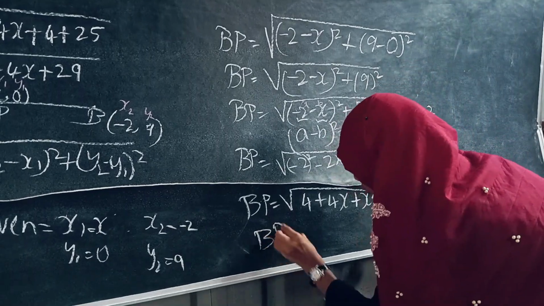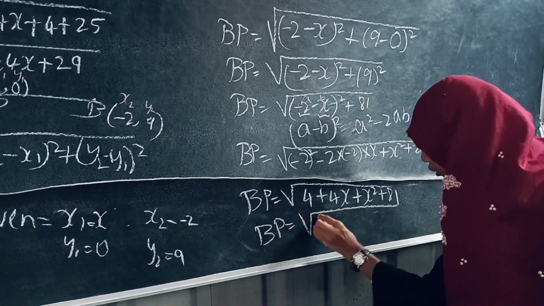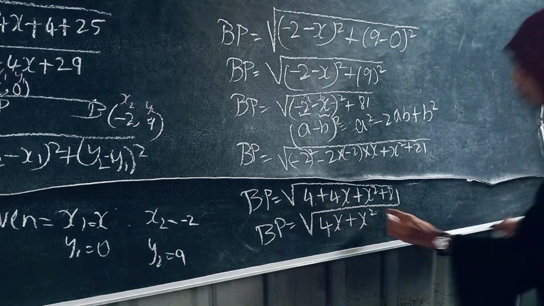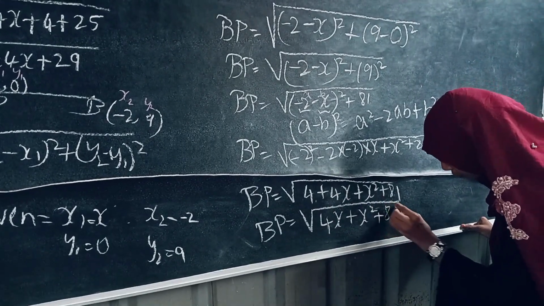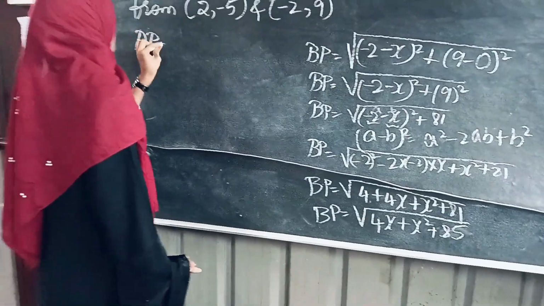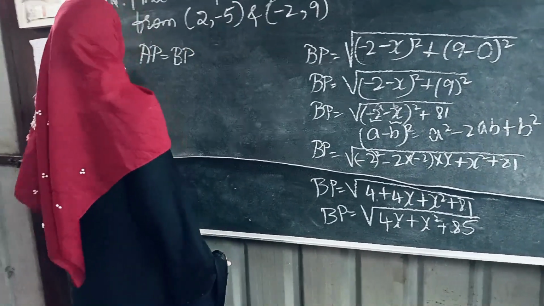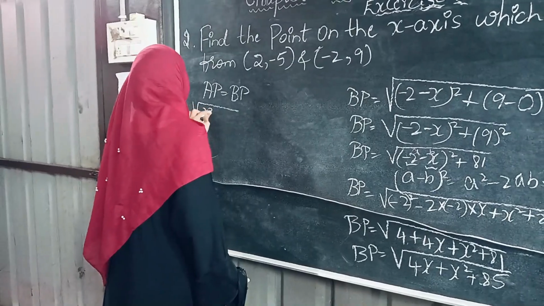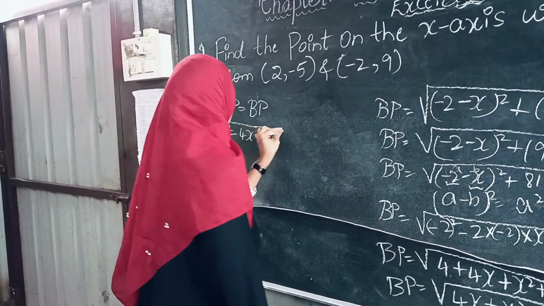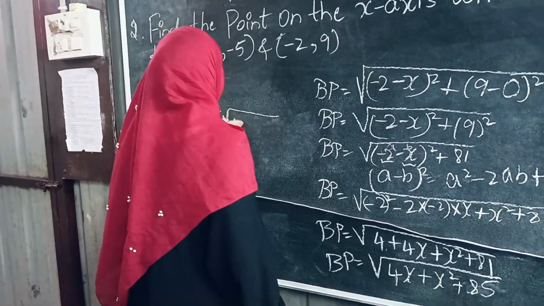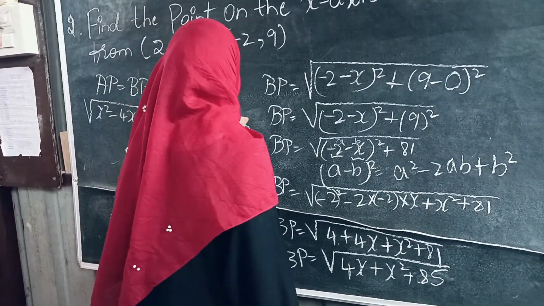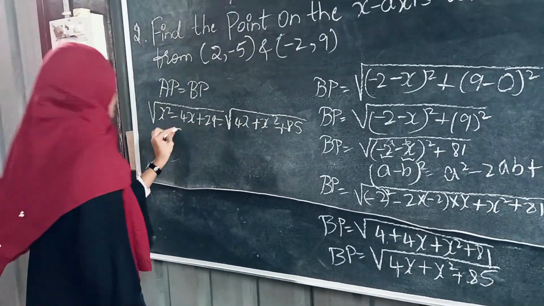BP is equal to root of 4x plus x square plus 81 plus 4, which is 85. Now AP is equal to BP: root of x square minus 4x plus 29 is equal to root of 4x plus x square plus 85. Squaring both sides.